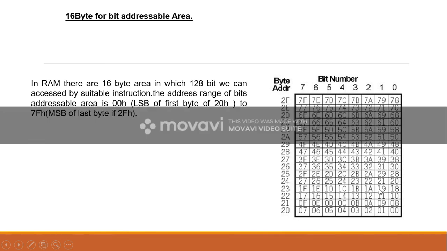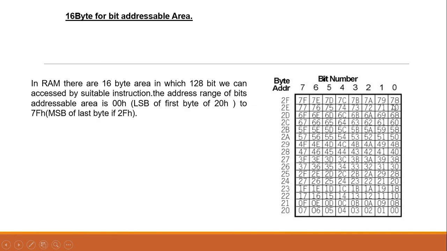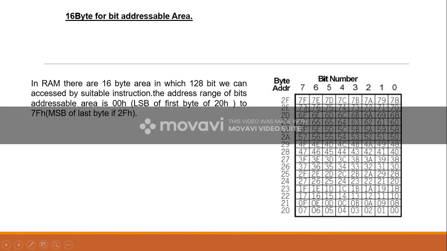For memory location 21 we can store 8 bits, and for memory location 22 we can store 8 bits. So in total, up to 2FH, 8-bit memory locations are available here. Each bit position has a different address, and these addresses are from 00 to 7F.